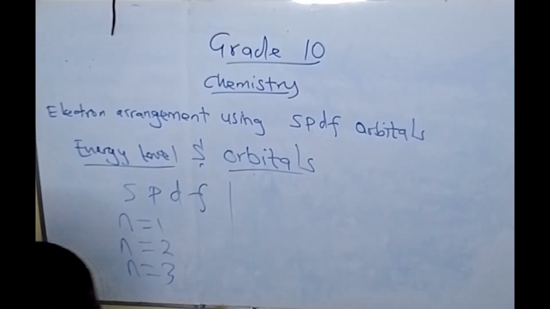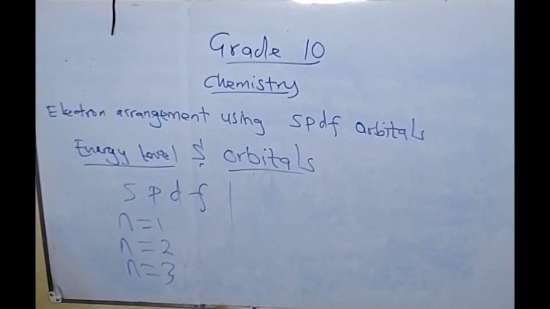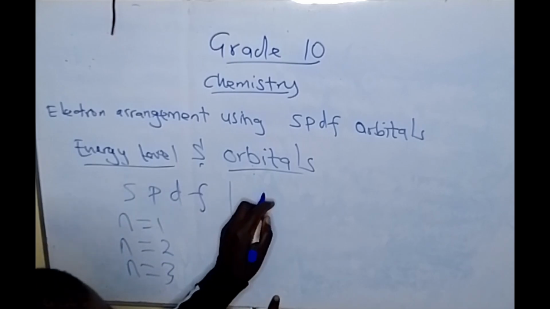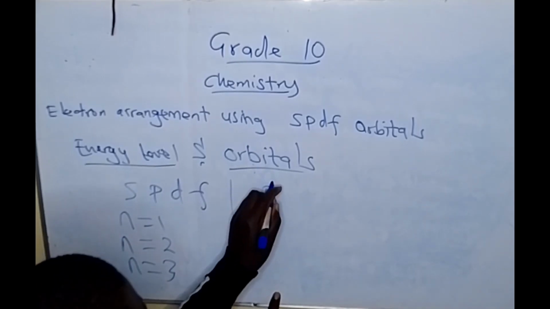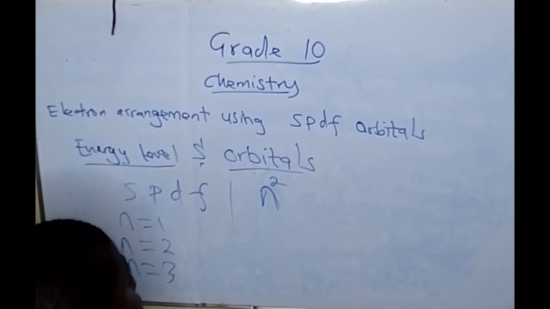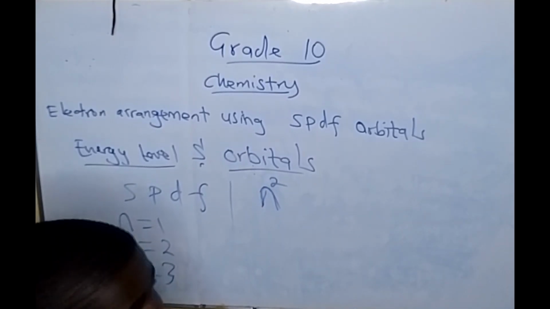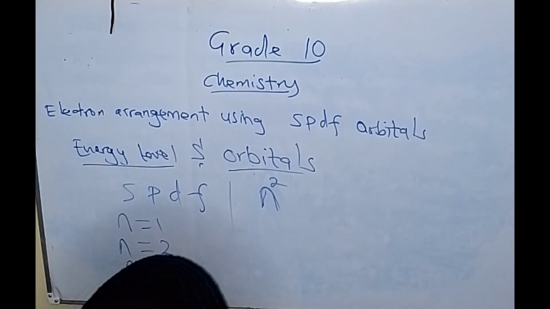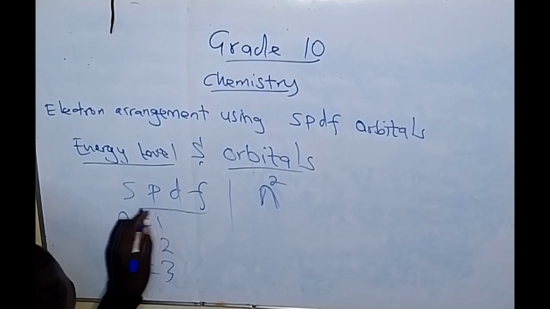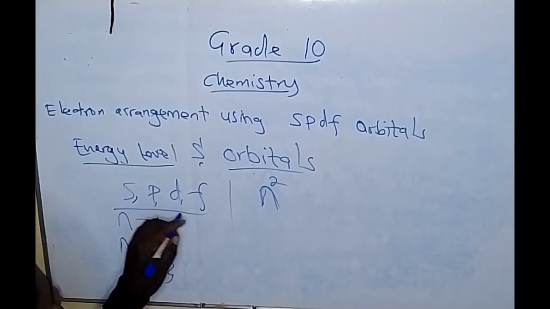So how many orbitals are found in each principal energy level number? The number of orbitals is found using the formula n squared. Remember, orbitals are represented by s, p, d, and f.